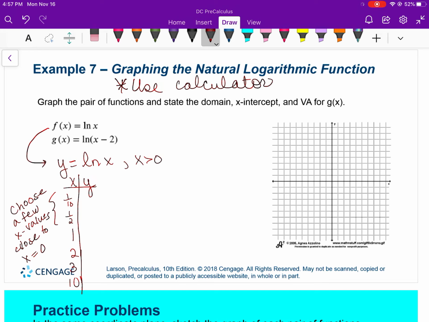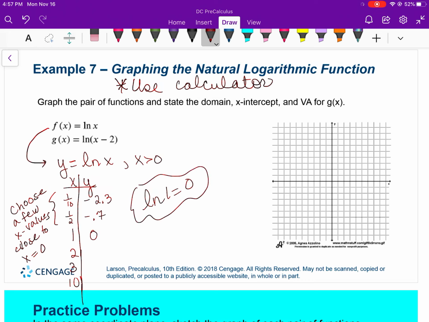So I do want you to use your calculator here. So I'm getting mine turned on here. So I'm going to do the ln of 1/10, and that's negative about 2.3. Then I'm going to do the ln of 1/2, and that's roughly negative 0.7. The ln of 1 is 0, and that's a fact that you're going to want to memorize.